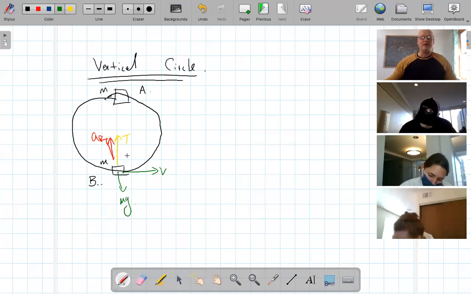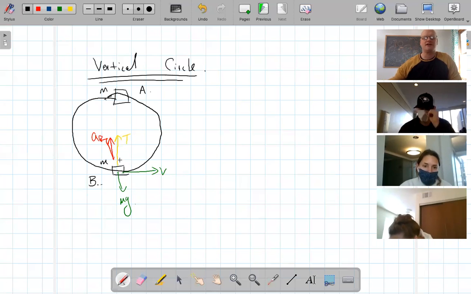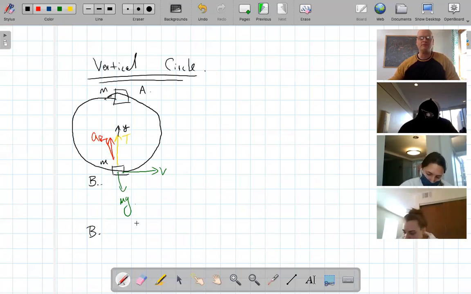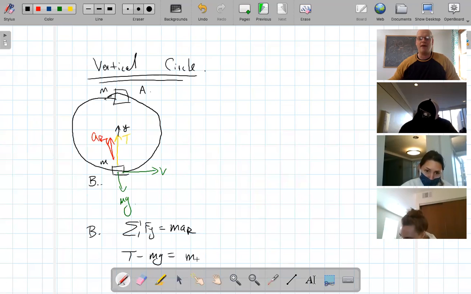In this case, it is the difference between the tension and the weight which is the centripetal force. Let's call this my Y direction. Since centripetal acceleration is upward, the sum of the forces in the Y direction is equal to m a_r. With tension upward, T minus my weight is equal to m a_r.